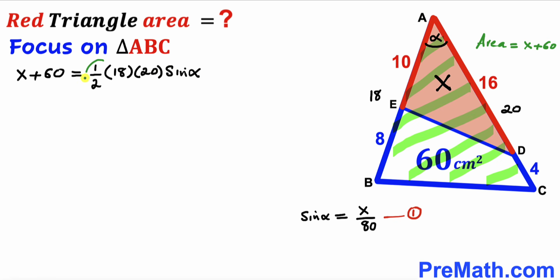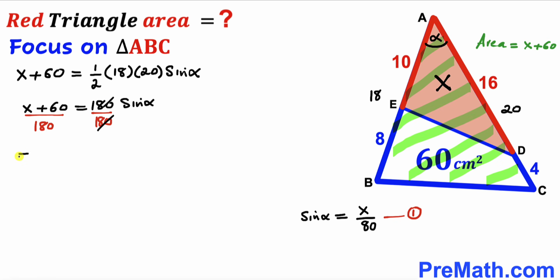If we simplify this, that gives us 180. So we can write X plus 60 equals 180 times sine of angle alpha. Now I am going to divide both sides by 180, so this cancels out.